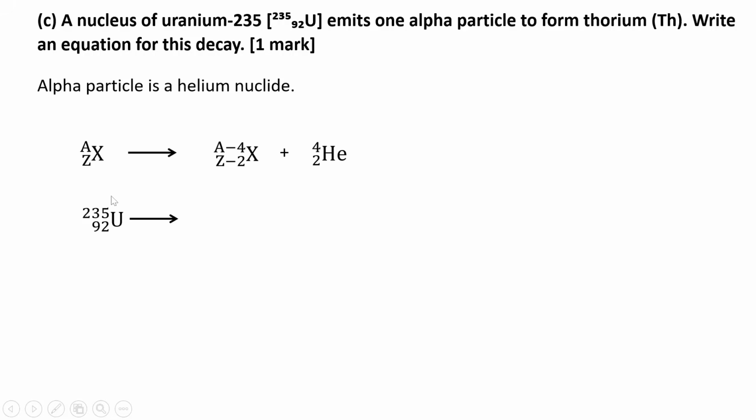To get thorium, you subtract 235 minus 4, 92 minus 2. 235 minus 4 gives 231. Then 92 minus 2 gives 90. Then plus the helium here. So this is the decay equation they are asking for.